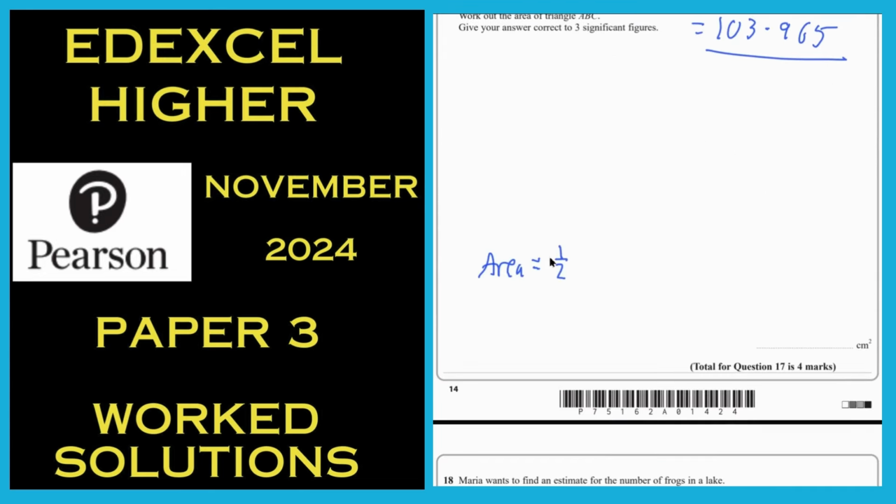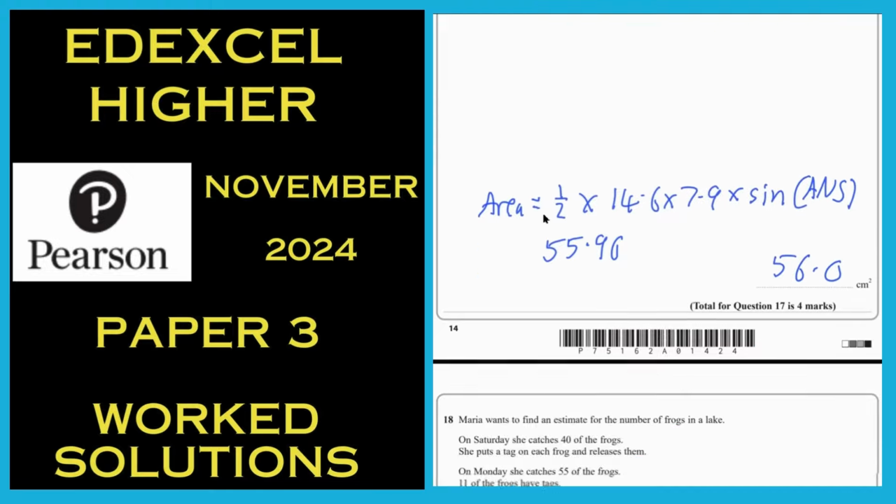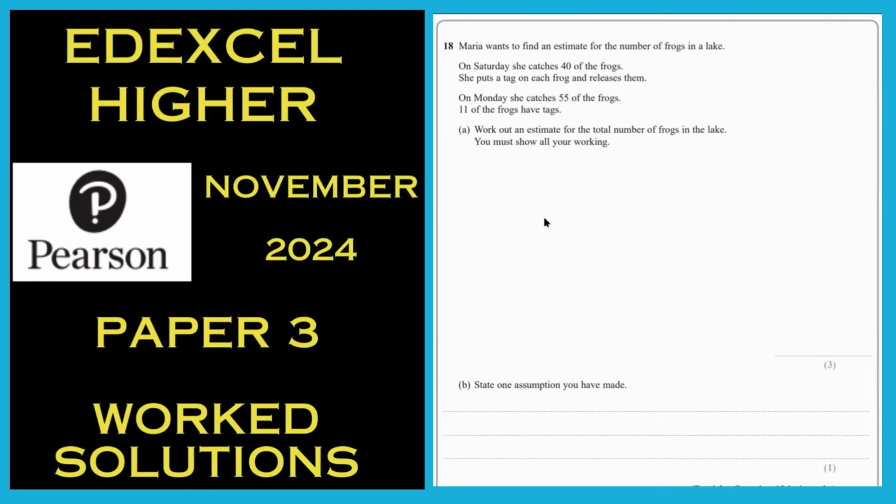So they're the two sides you're going to use. 14.6, 7.9, and the sine of the angle between them. Use your A&S button. We end up with 55.96, but doing as I was told, 56.0 for three significant figures.